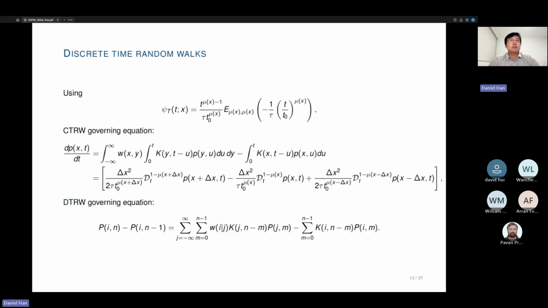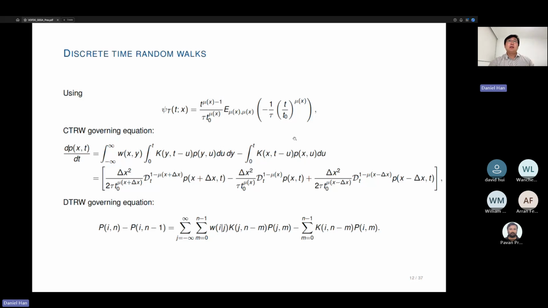It's a rescaling of sorts. And what I'm showing you here is a continuous time random walk governing equation. So you have your transition in space, multiplying all of your kernels of your time or residence time dependent weighting at positions y, and then you have everything leaving your state x.